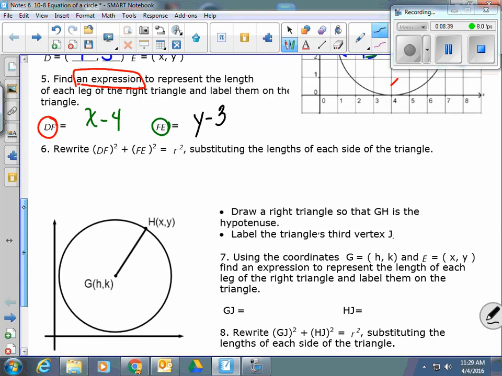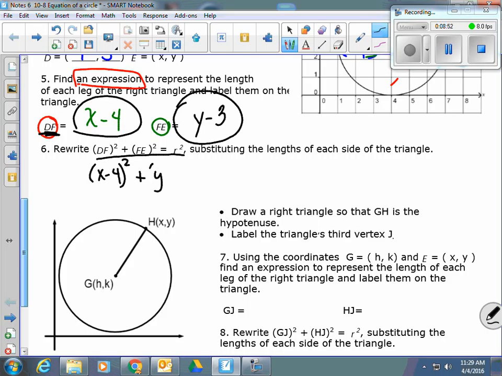Now we're going to plug it into this formula that they just told us. Well, DF is X minus 4. So it's X minus 4 squared plus FE, which is Y minus 3 squared. And I put the squared because they told us to, right? And that's going to be equal to R squared. Well, what does R stand for? Radius.